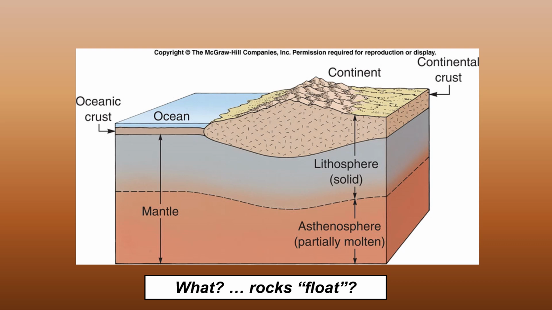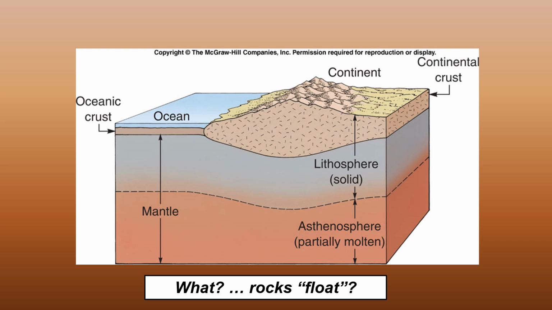It wasn't until the 1950s when the ocean floor was mapped and these divergent plate boundaries were found that it was understood what the mechanism could be to cause entire continents to move. Previously, it was just thought the continents have always been in the same place all the time.